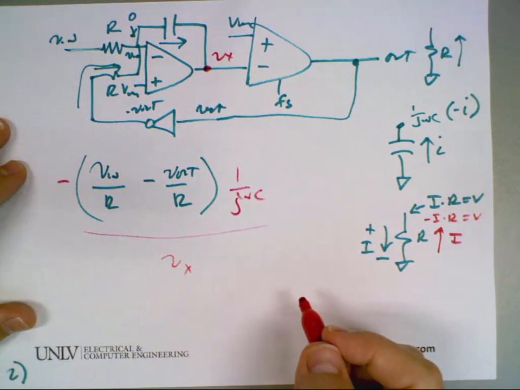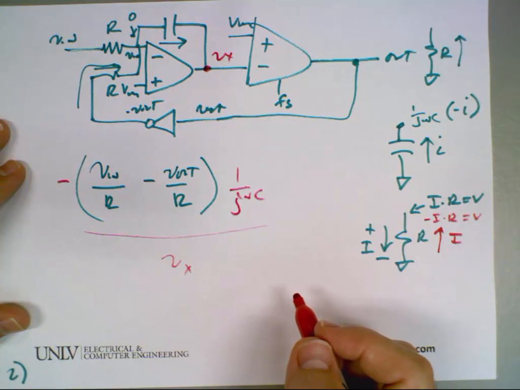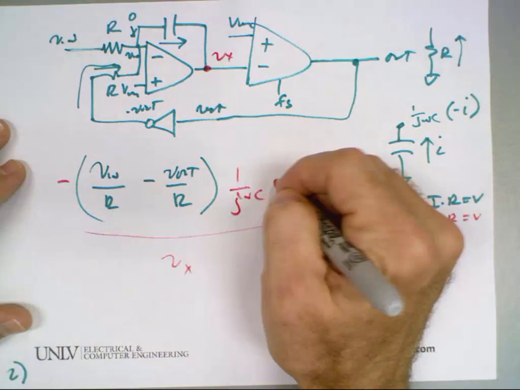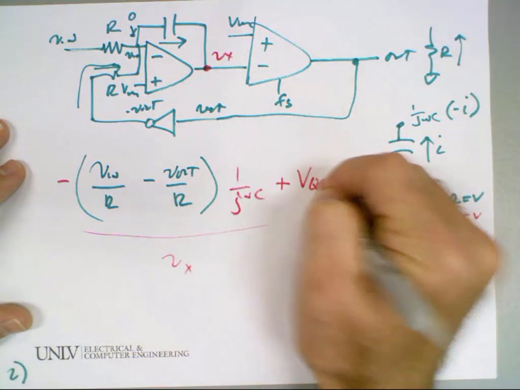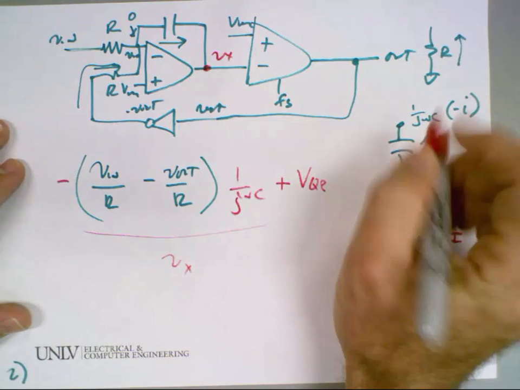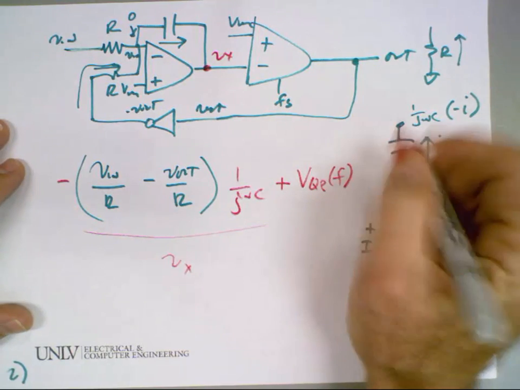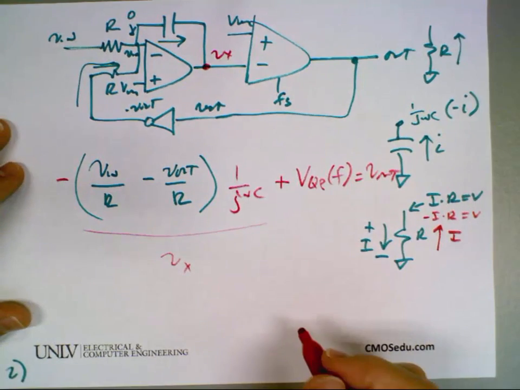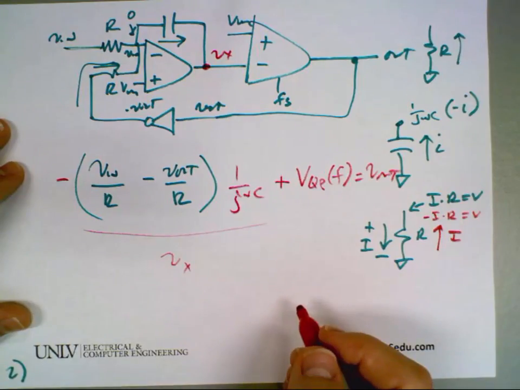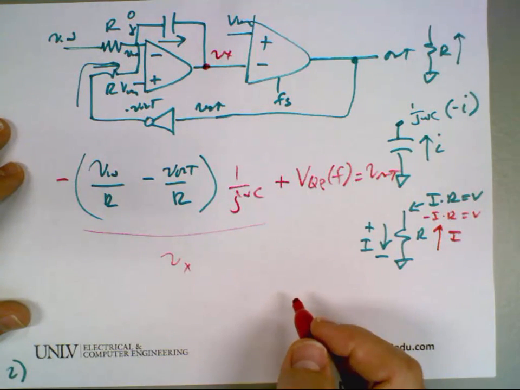Tell me how to proceed. Well, plus VQE of F, if you want, equals V out. Everybody would agree? Oops, I got a sign issue somewhere.